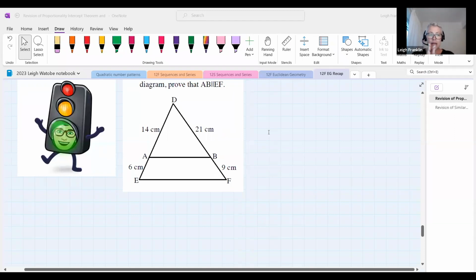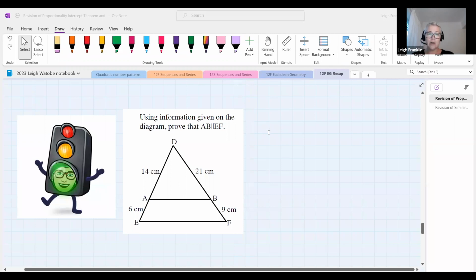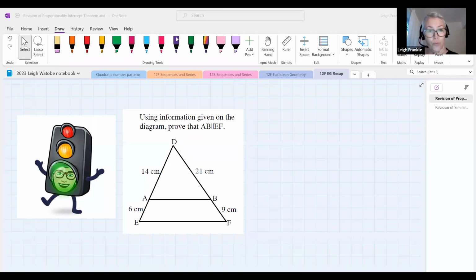I'm saying again, you cannot start out by saying DA over AE equals DB over BF. That is what we are trying to prove. If you start out doing that, then you're going to get no marks at all. In this particular question, there's only one way.